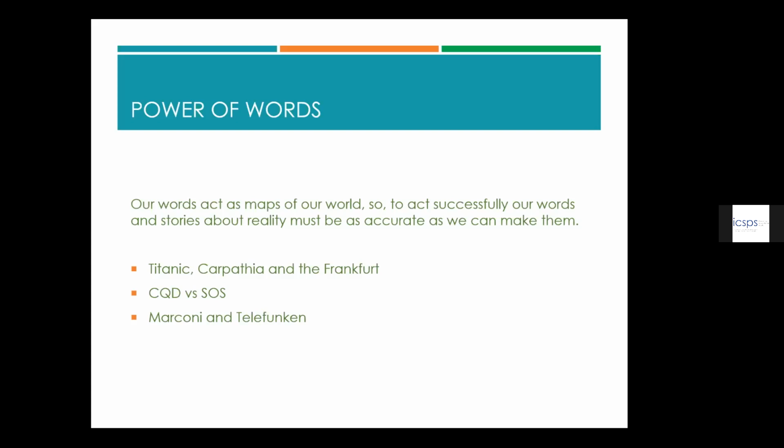And so when they sent out the distress signal, they used the CQD, and the Frankfurt, being a German ship, was on the Telefunken. And they actually had a situation where, because they got the CQD instead of the SOS, the captain of the Frankfurt asked, tell us more about what's going on. What is your situation? What's wrong? What do you need?